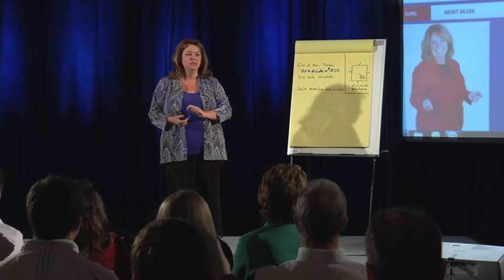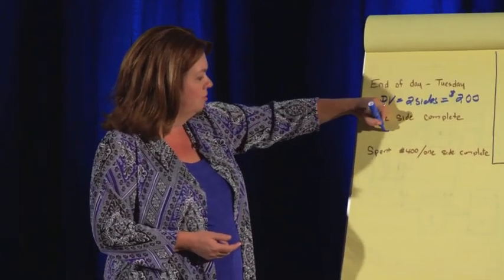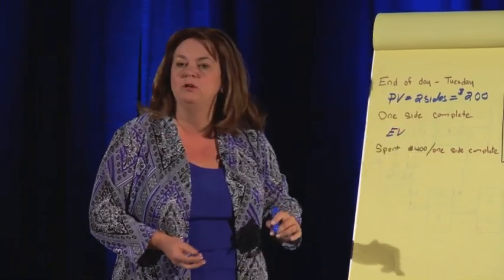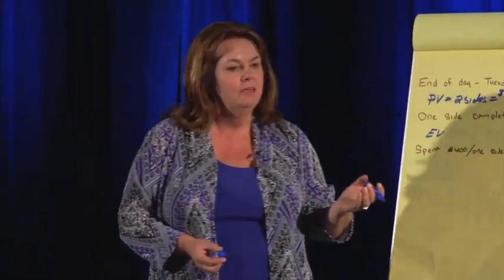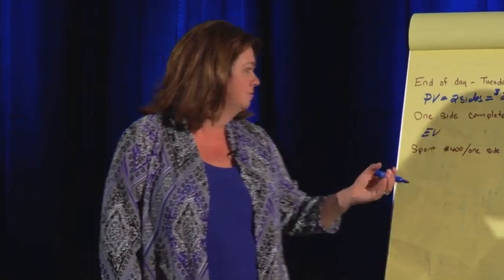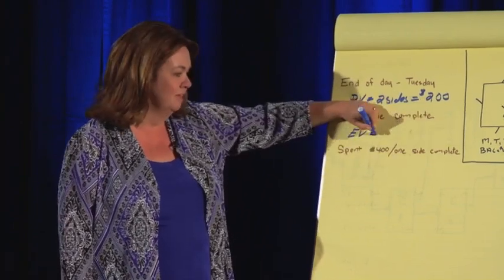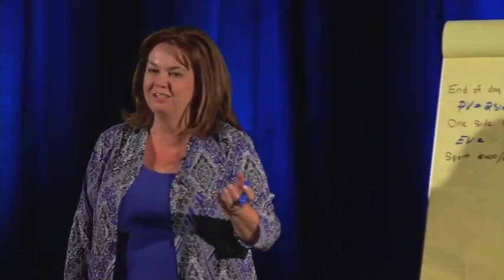The third critical term we call earned value. Sometimes we abbreviate it EV. EV is a measure of how much work is complete. 1 side complete. Let me ask you, how much work is complete?